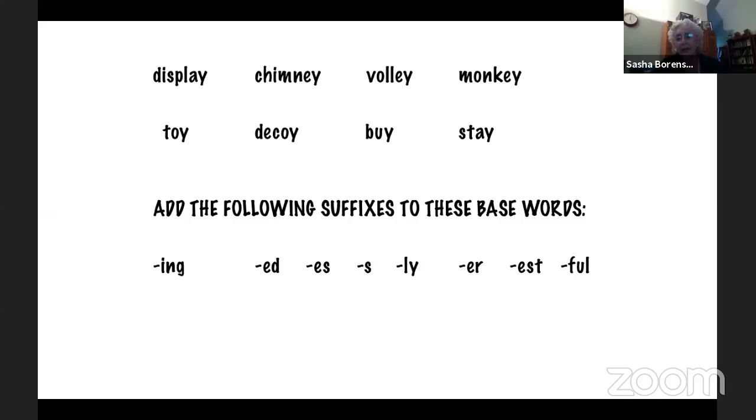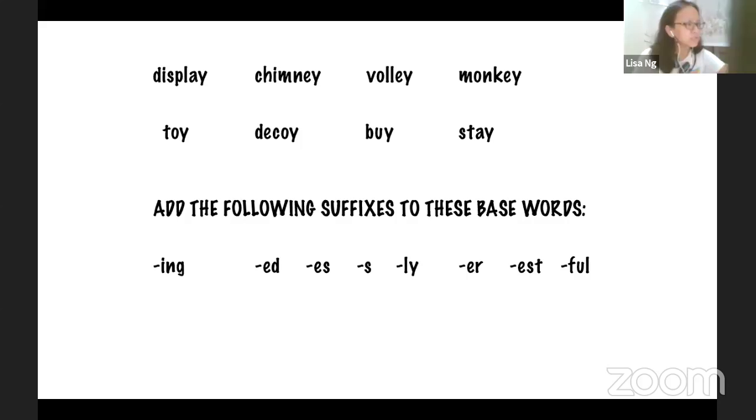Okay, so because the O and the Y are a diphthong, we can't change them. So you would just add whatever you want, LY, ER, whatever. Can I add a suffix that begins with a vowel and just stick it on there? Yep. Can I add a suffix that begins with a consonant and just stick it on there? Yes. Okay. Is everybody clear now?